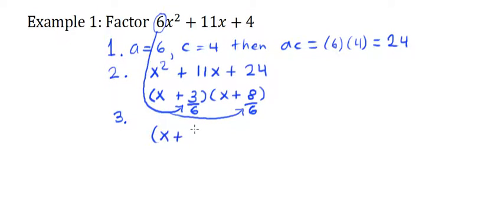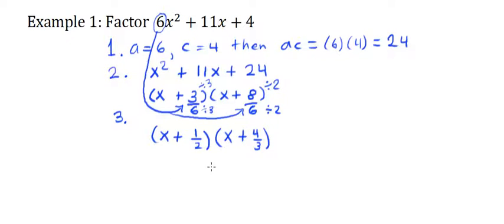Dividing numerator and denominator by 3, this becomes 1 over 2. Similarly here, dividing numerator and denominator by 2, this becomes 4 over 3.